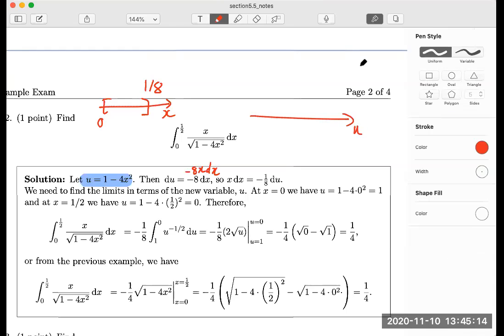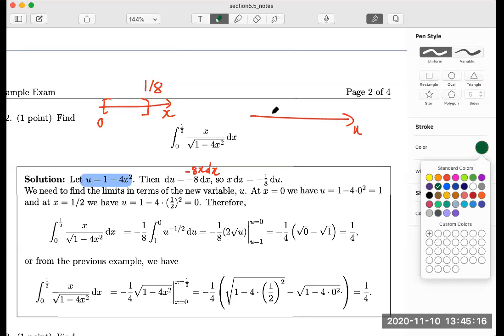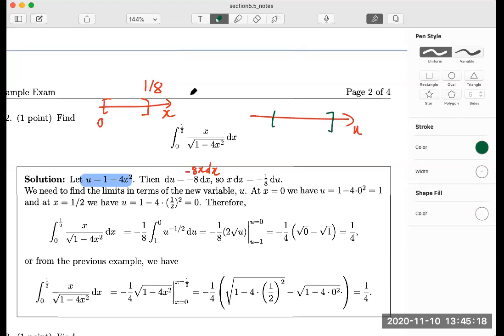If we make a change of variable here, then the interval will also be changing. So at x is equal to 0, we need to find the corresponding value of u, which is 1 minus 4 times 0 squared. So it's simply 1, right?